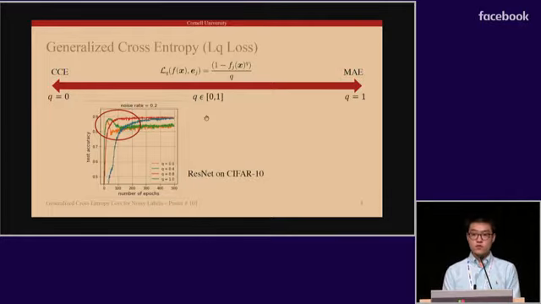However, if too large a q value is used, the model converges too slowly. Hence, there's a trade-off for the optimal value of q, and empirically we found that q equal to 0.7 has been effective for all our experiments. The optimal q value can be found by cross-validation.